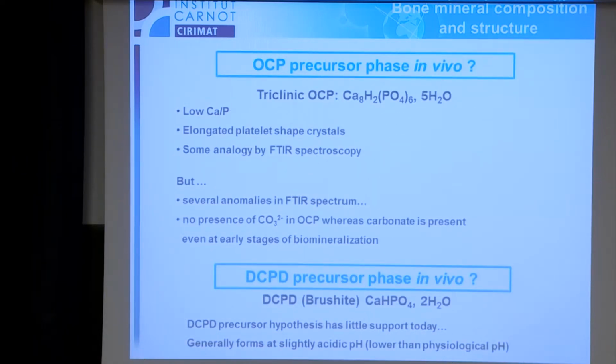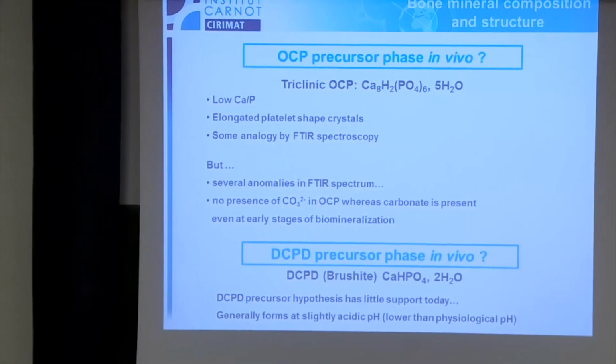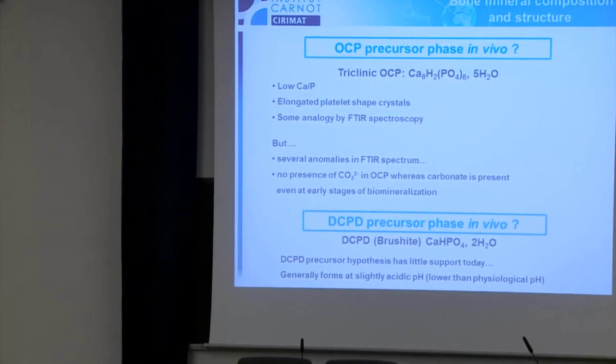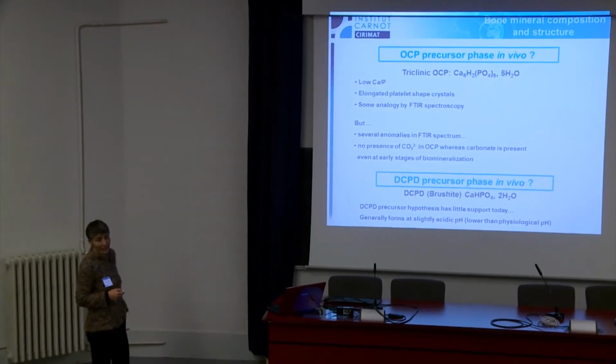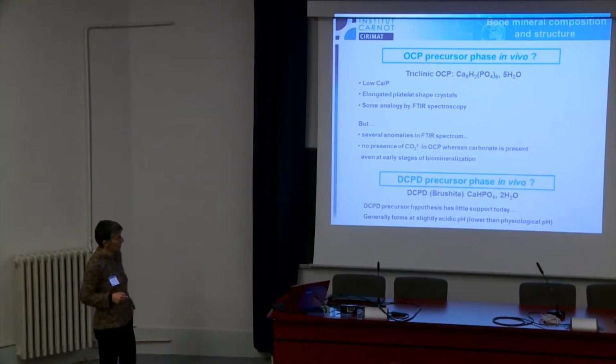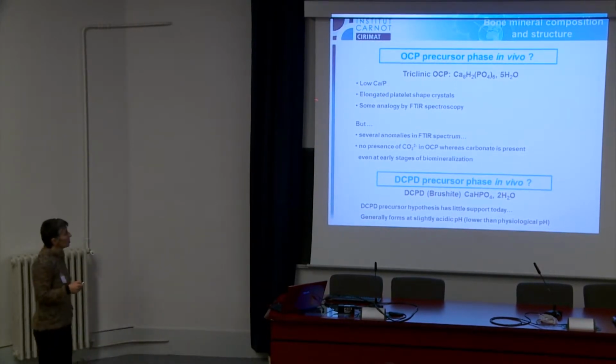Another illustration is the work done to show whether OCP, octacalcium phosphate, has been proposed as a precursor of apatite in vivo. Here you have the chemical formula. It is a hydrated calcium phosphate, like brushite also.